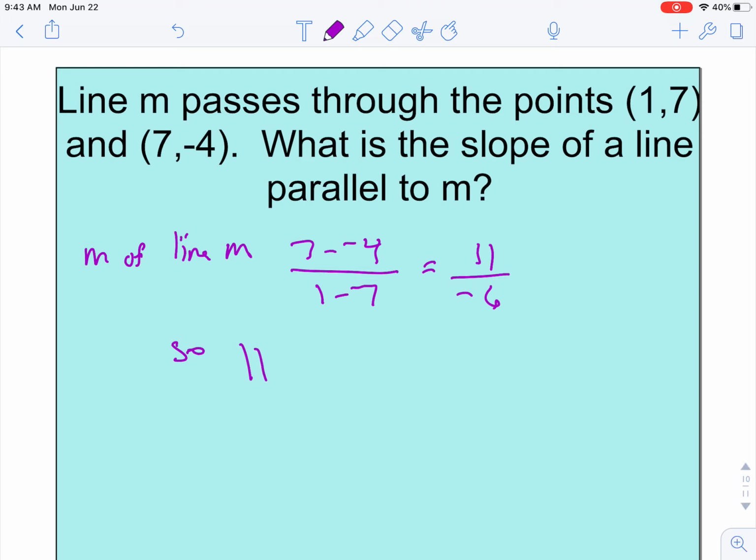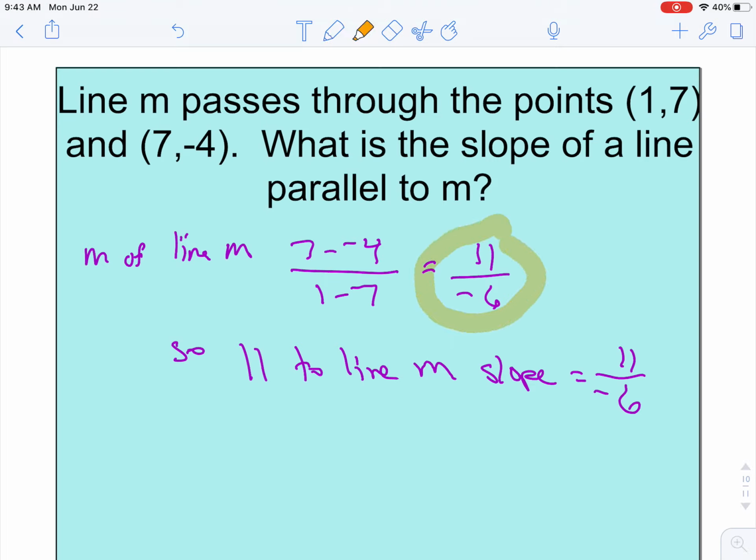So, parallel to line M, your slope will equal the same. So, remember, parallel lines have the same slope.